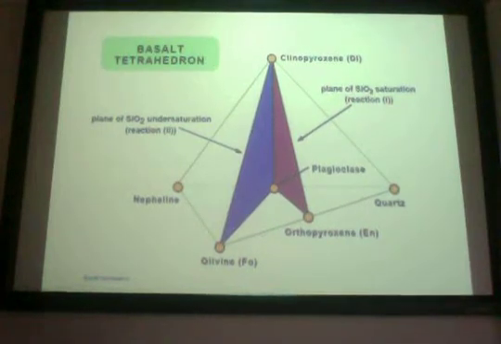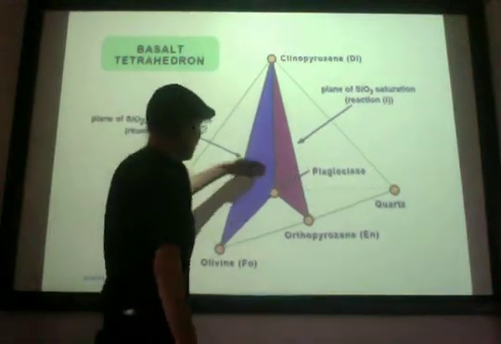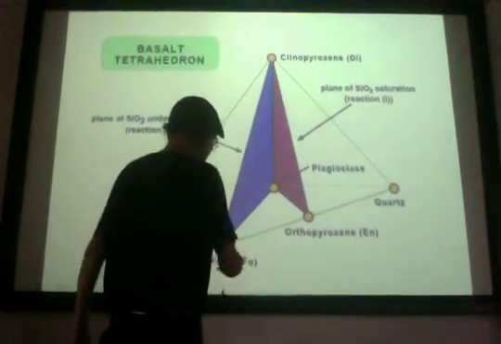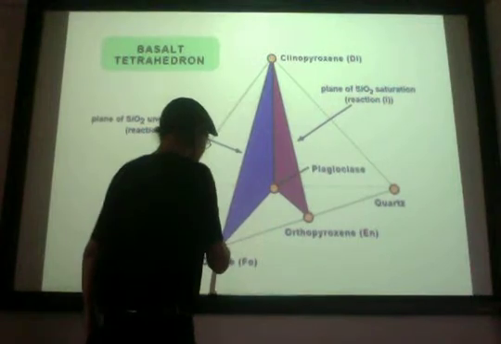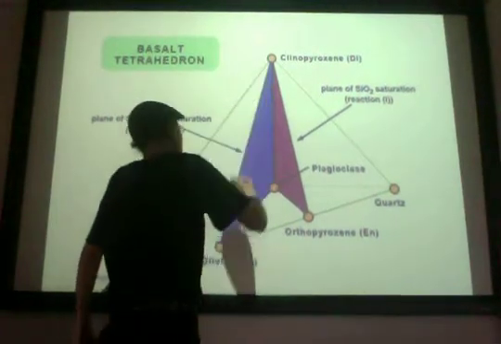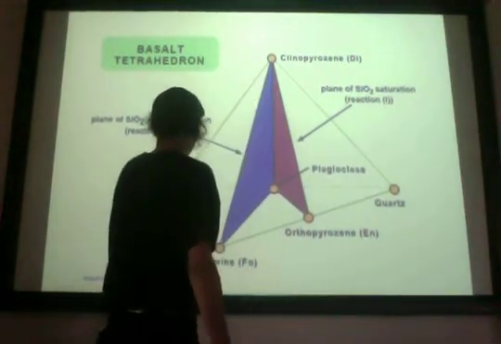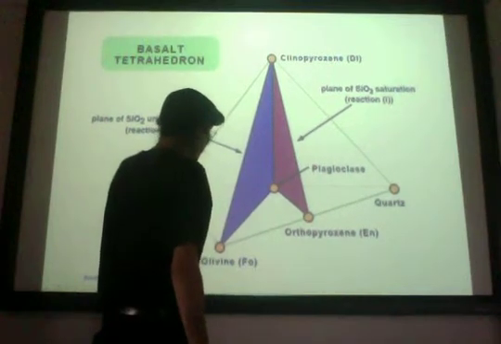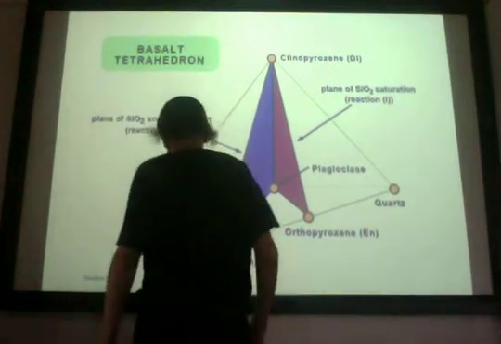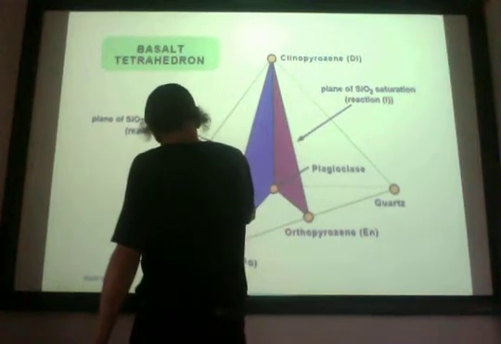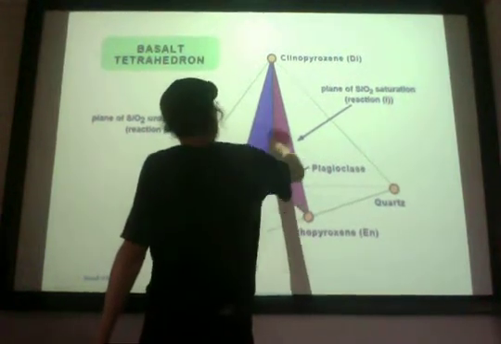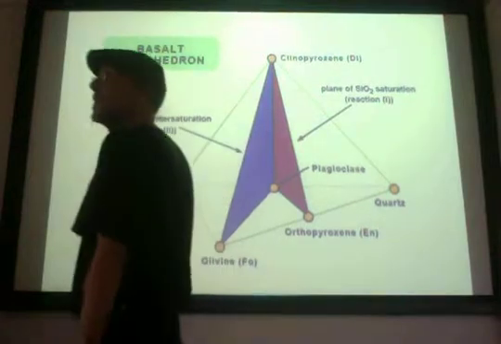And then we have here the plane of silica undersaturation, yeah? That is this plane here, then you can also have a basalt containing olivine, plagioclase and clinopyroxene. And here you have the totally silica undersaturated basalt, and that then contains nepheline, olivine, plagioclase and clinopyroxene, yeah?